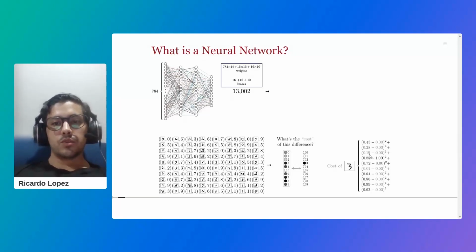For instance, we take the values of the neurons in the output minus the desired output, and the sum of those squares gives us a number that is the cost of that iteration. In each iteration, we will try to reduce the cost by tuning the parameters of the neural network.